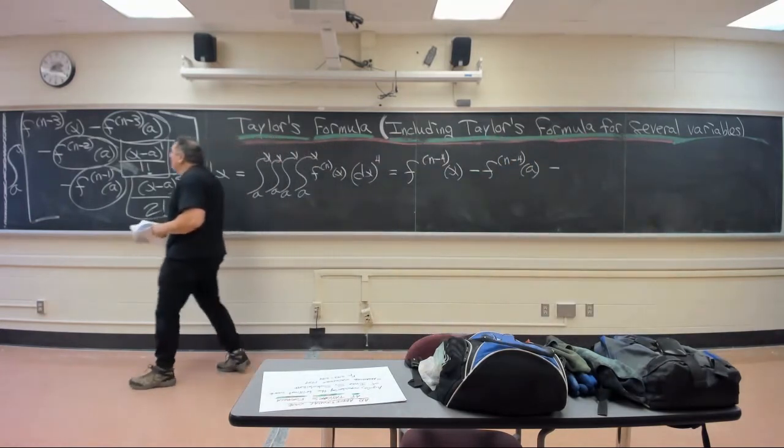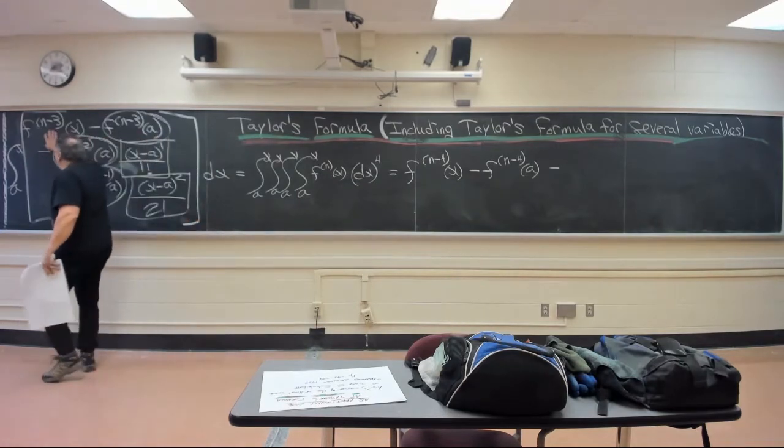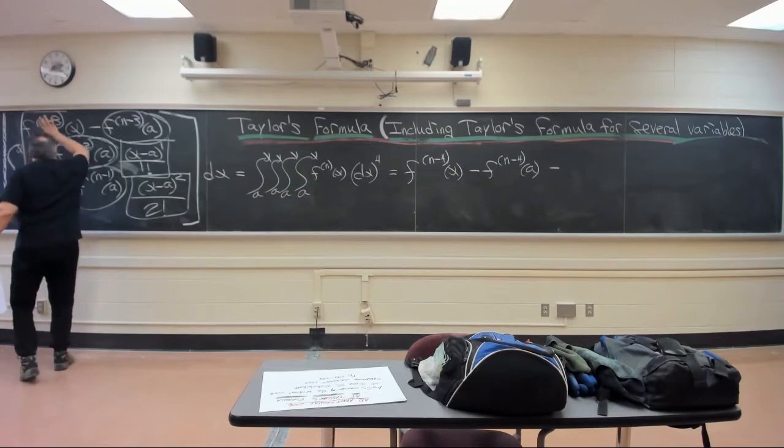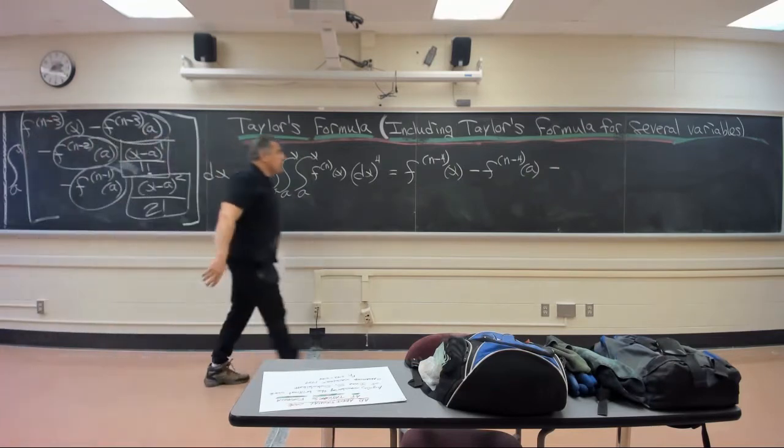Well, that happened. We did the integral, and you had the n minus 4. The integral of this is n minus 4 derivative of f at x minus the n minus 4 derivative of f at a, because you're integrating from here to here. So this got you this.